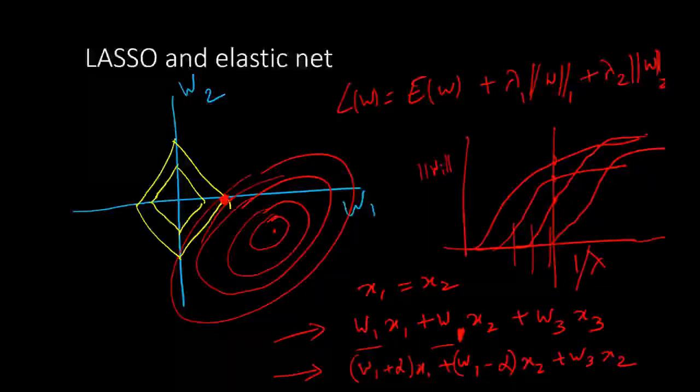So even if w1 is 0, if x1 is eliminated, it should also take x2 with it, because it's actually the same variable or a highly correlated variable. Either both x1 and x2 should be in the model with a non-zero coefficient, or both should be eliminated from the model with zero coefficient.